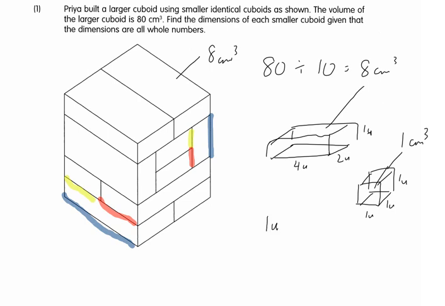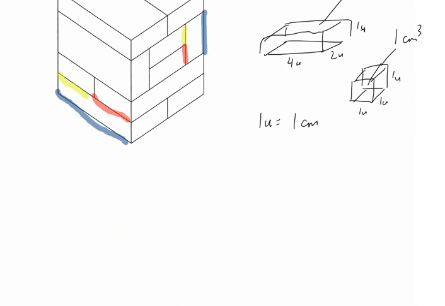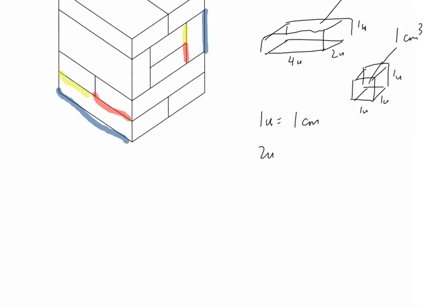So now I know the dimensions of the smaller cuboid. Very simple. I already know the answer because I need to know what's my 2 cm, which is 2 units, and my 4 units. So the answer will be length is actually 4 cm, breadth is actually 2 cm, and of course my height is equals to 1 cm, right?